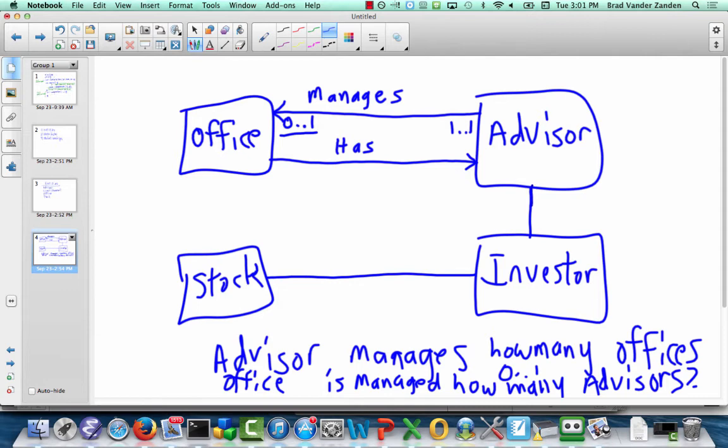So here's this relationship right here, and we have an advisor advises investor. Okay, and we just said in C that an investor has a single investment advisor. So an investor is advised by one and exactly one advisor.